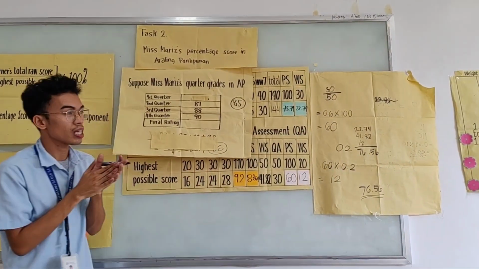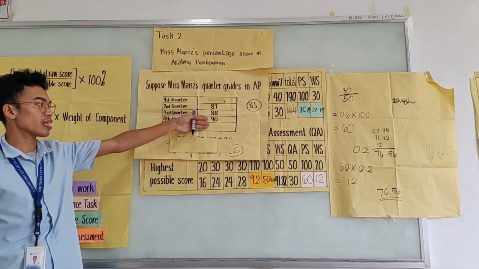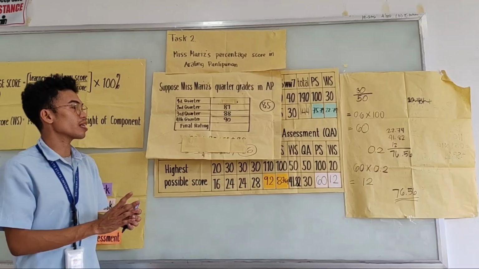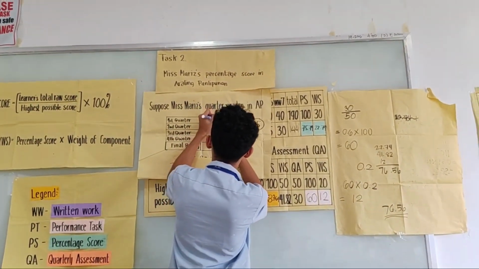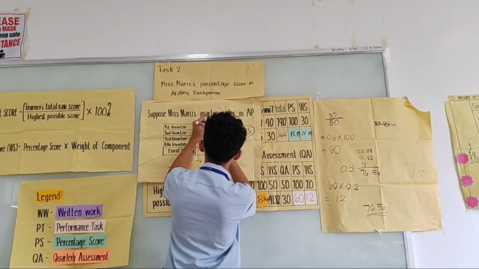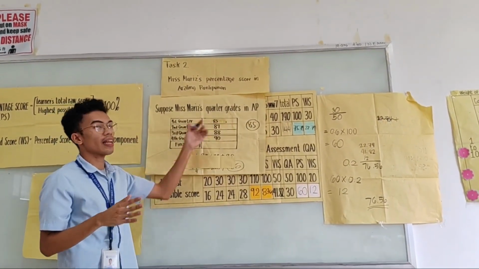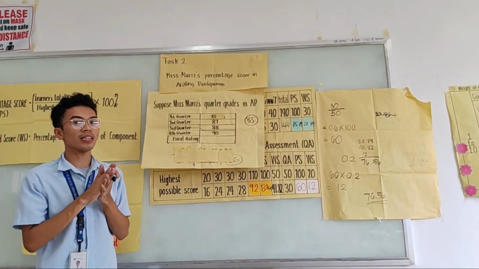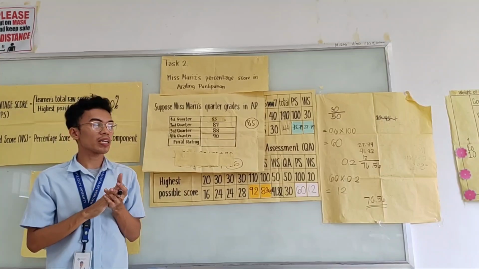Suppose these are the grades of Miss Marie's in every quarter, and we assume that in the first quarter Miss Marie's got 85. The next step is to get her final rating in Araling Panlipunan.